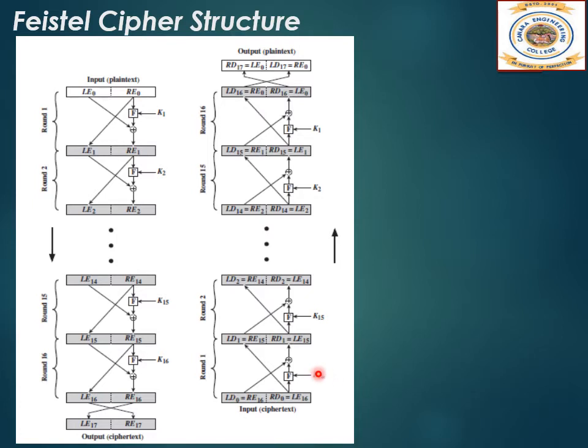The permutation is performed, so the right half is taken as the left half, and after the substitution of the left half using the round function, whatever output you get is taken as the right half. The 16 rounds are carried out and finally we get the plain text as the output. This is the Feistel cipher structure for the encryption and decryption process.